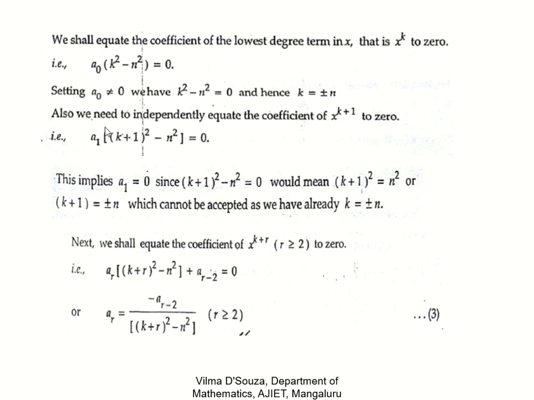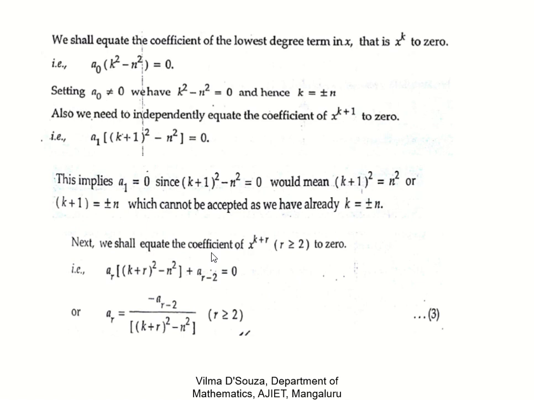Okay, so this entire term is equal to 0. That means either a1 is 0 or k plus 1 whole square minus n square equal to 0. We are taking a1 as 0 because if you take k plus 1 whole square minus n square as 0, k plus 1 is equal to plus or minus n, which is a contradiction to what you already found, k is equal to plus or minus n. So we must have a1 equal to 0.